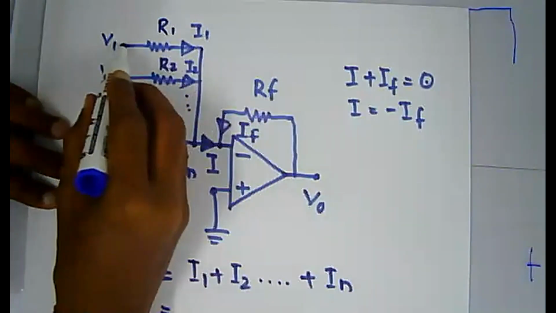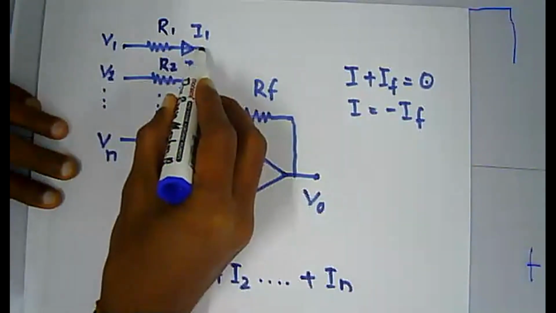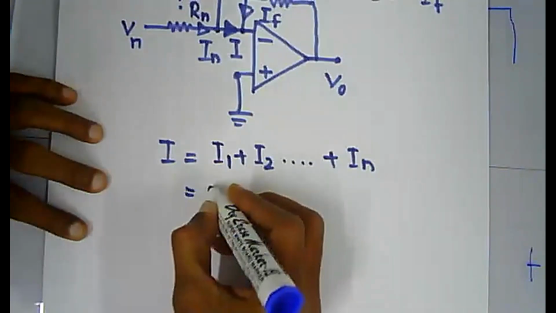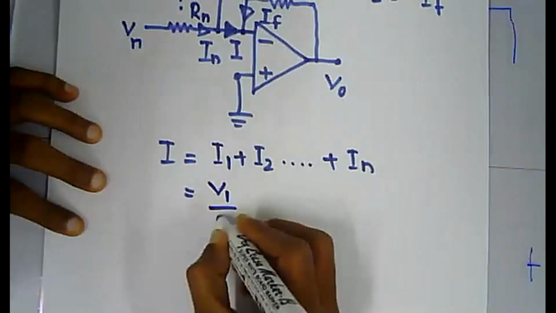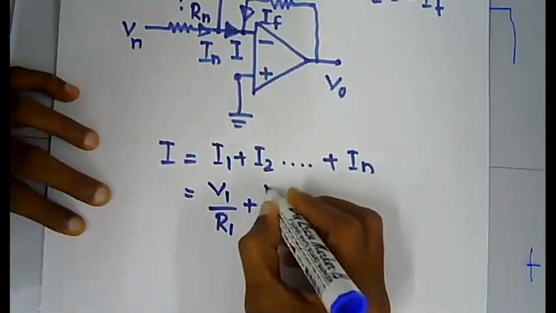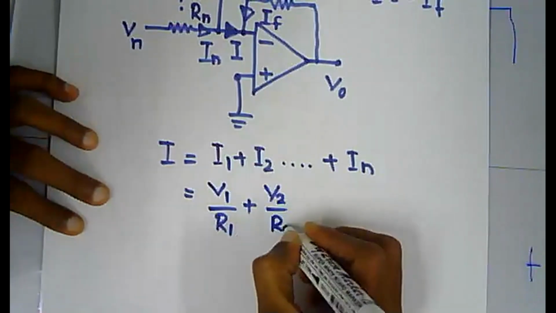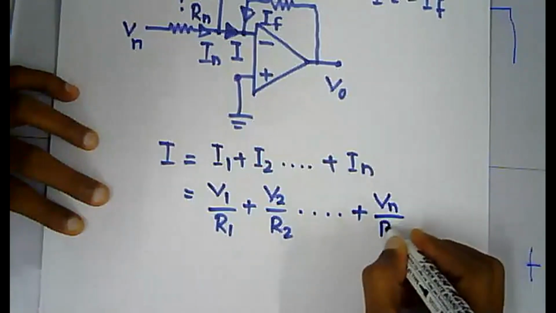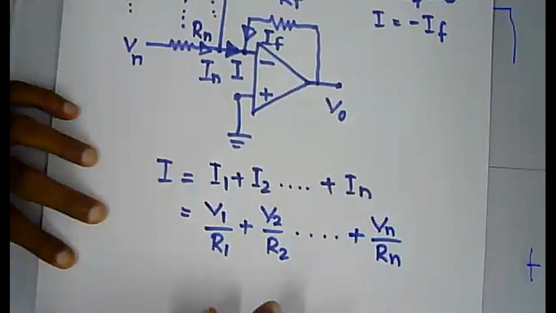So I1 is V1 over R1. Simply, I equals V1 over R1 plus V2 over R2 up to Vn over Rn.